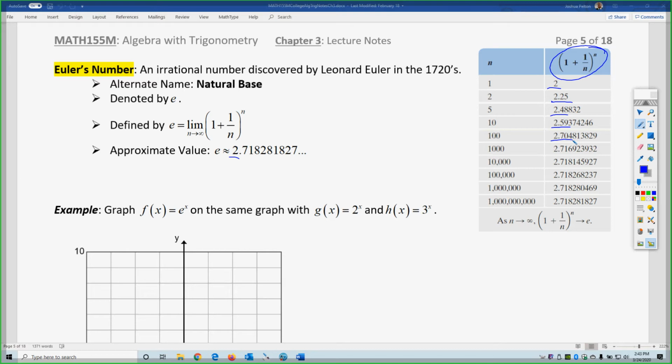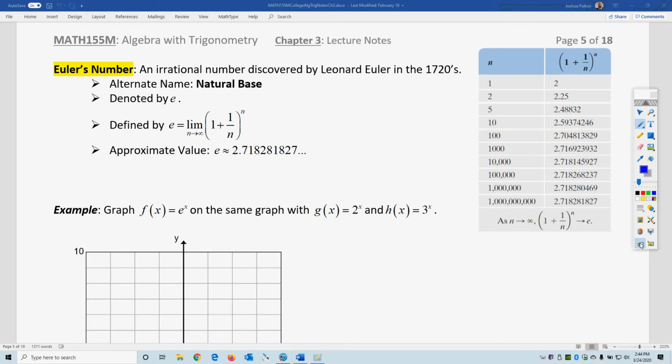So there are 2 zeros in there, and you get 2 place values correct. If you put in 1,000, you get 2.71, 3 places that are correct. If you put in 10,000, which is 4 zeros, you get 4 place values correct. So as you increase the number, you can increase the accuracy of the value of e, and you can prove that to yourself on any calculator.